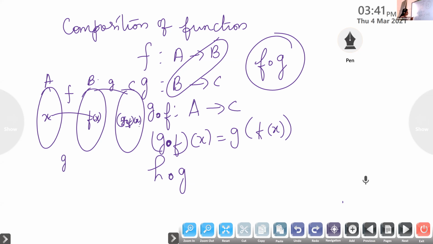So g composition f of x is defined as g of f of x. That g composition f is a mapping from A to C.